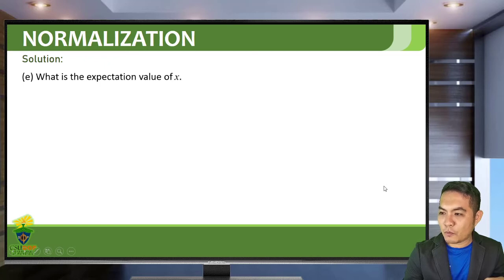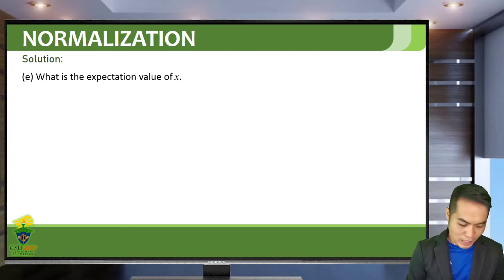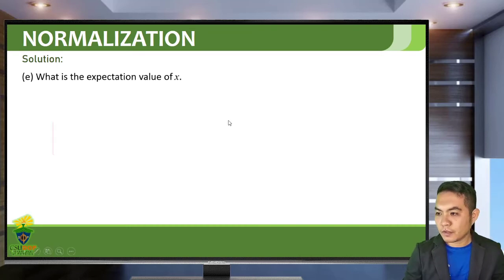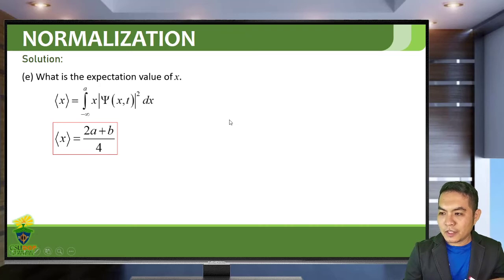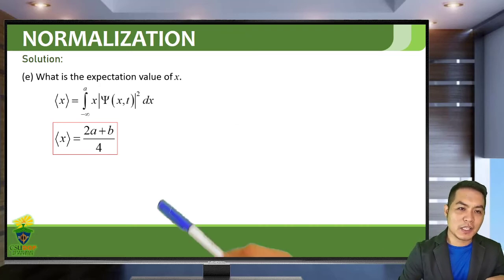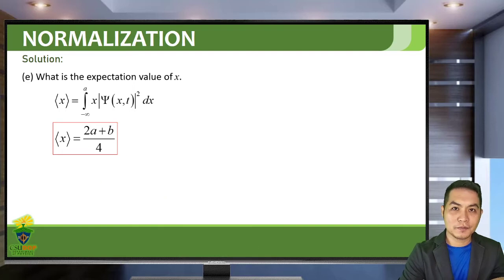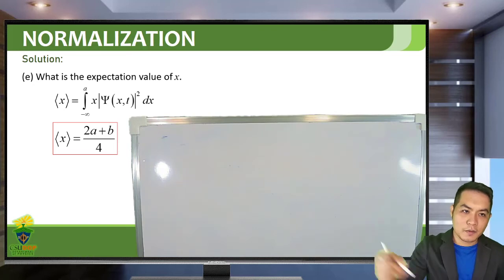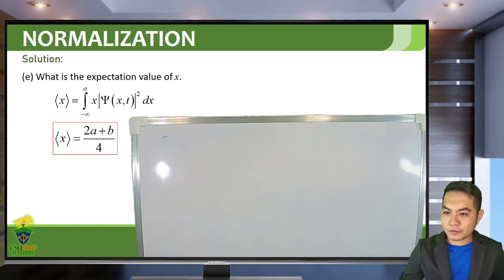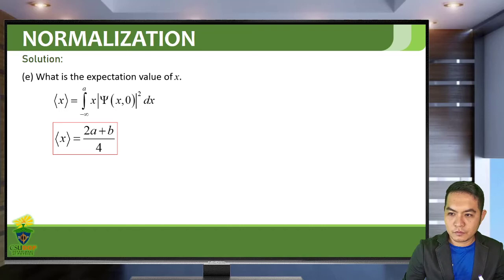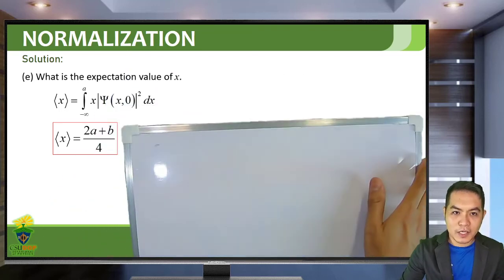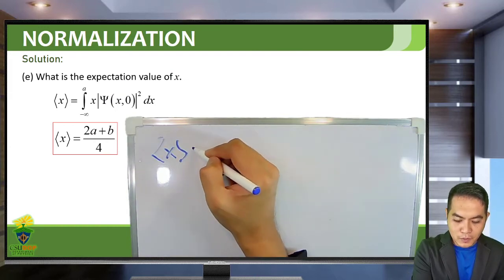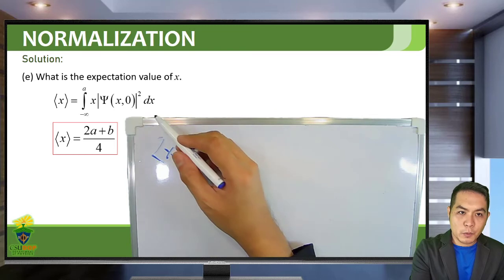Okay, last problem. What is the expectation value of our position x, or our variable x? To find the expectation value, we use this formula. You just plug in our values, the absolute value of psi squared multiplied by x.